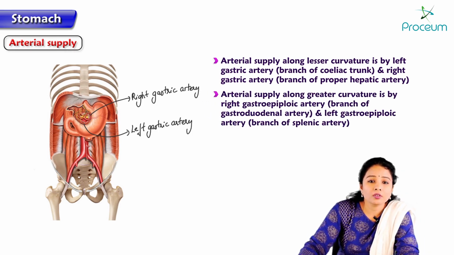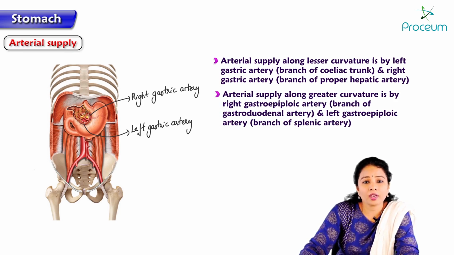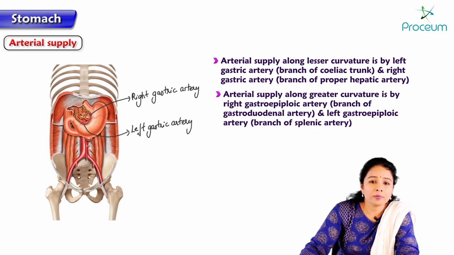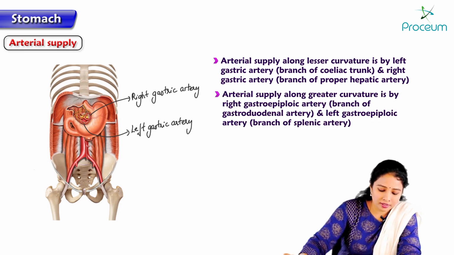Arterial supply along the greater curvature is by the right gastroepiploic and left gastroepiploic arteries. Right gastroepiploic is a branch of the gastroduodenal artery.